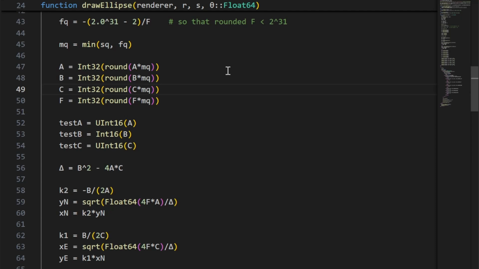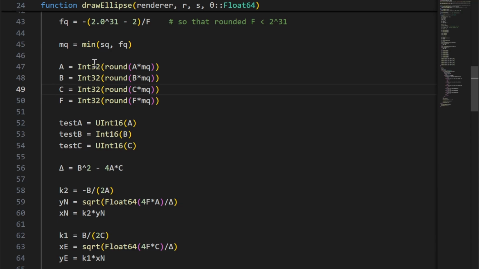And then basically I can now compute A, B, C and F by rounding those values after multiplying them by the scaling factor. So that now gives us A, B, C and F to the highest precision that we can really get away with, such that A, B and C will fit in 16-bit integers and F will fit in a 32-bit integer.